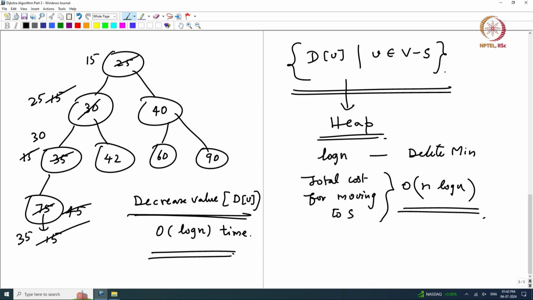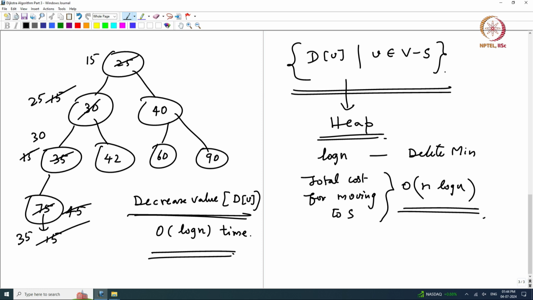All heap properties must be satisfied, which means I have to move the value up. Notice that I do not have to do any of these things in an array, but here I want the values to be stored in a heap, which means after decreasing it may take log n time to finally settle.